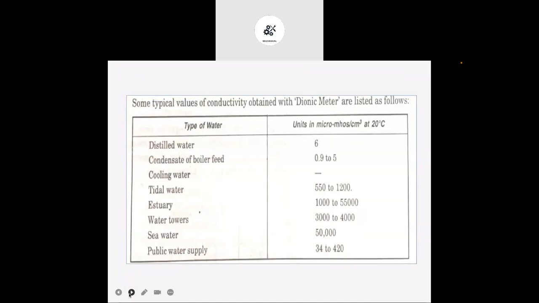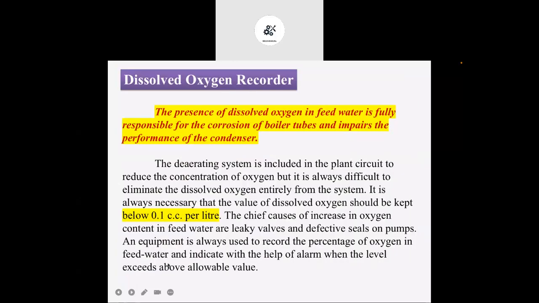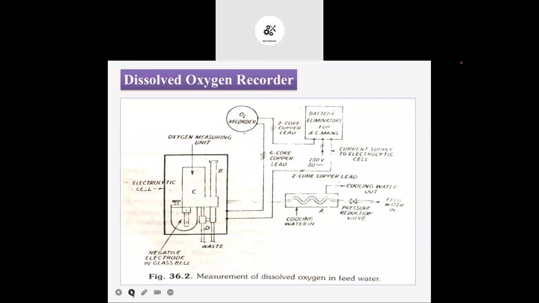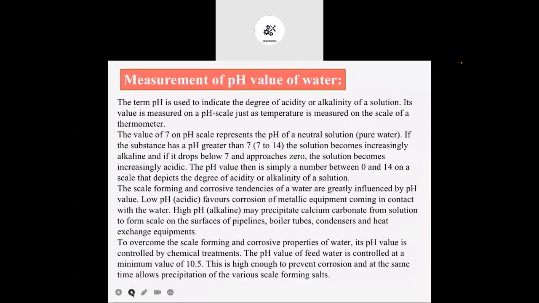These minerals cause corrosion problems, and the dissolved oxygen present inside the feed water also causes corrosion problems. So first of all we have to measure the oxygen and the dissolved salts in the feed water. Then we can implement different control systems to control the levels of dissolved oxygen and dissolved salt.